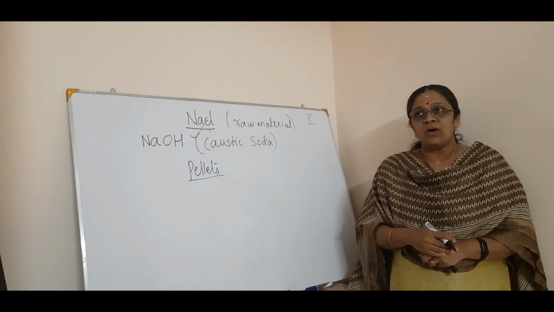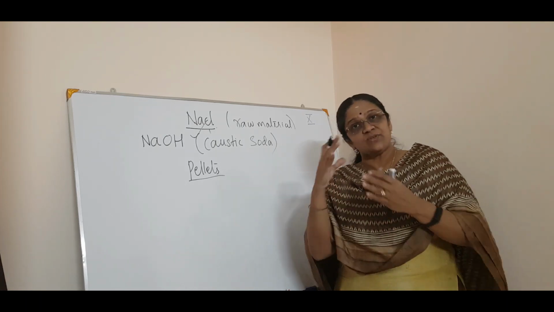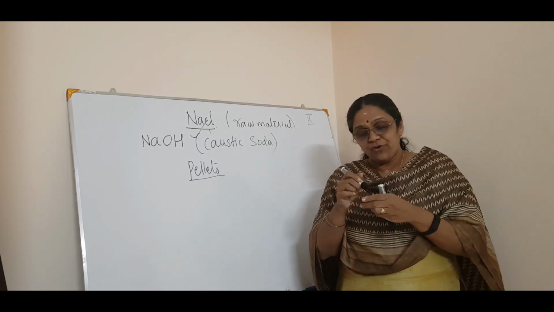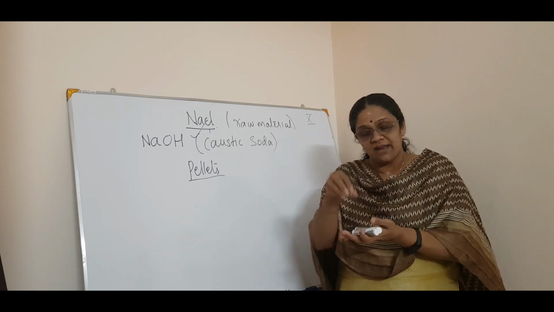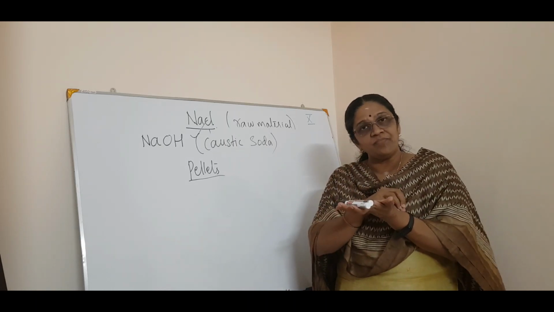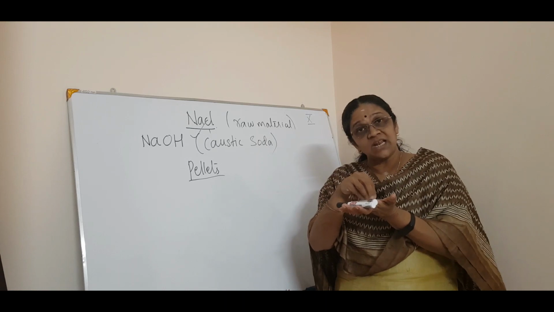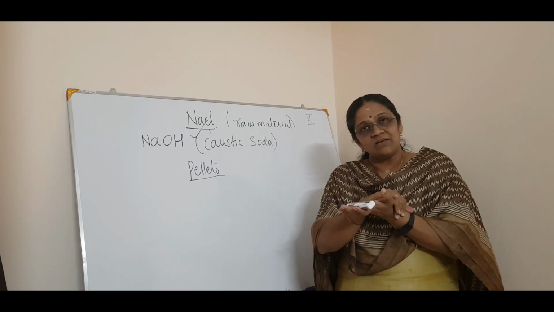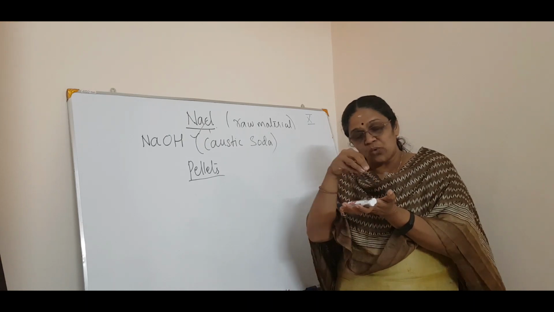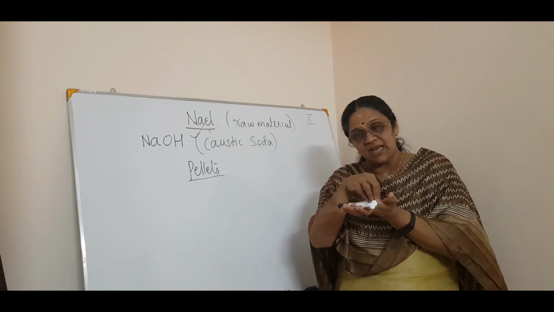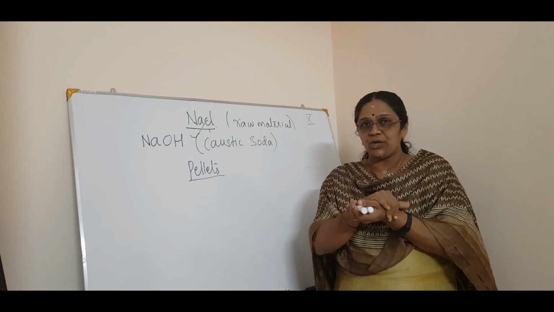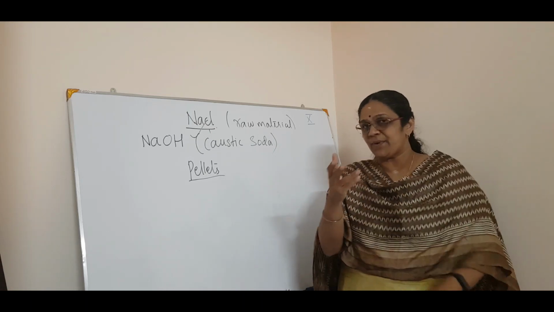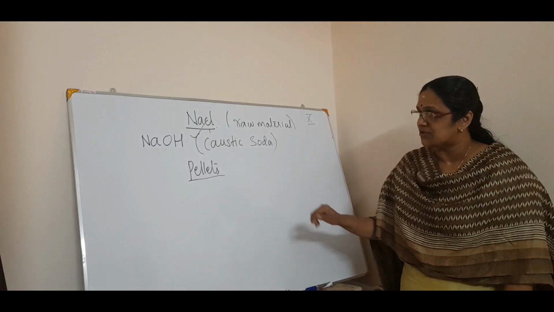Now, if you talk about the nature of sodium hydroxide, if you keep it in the atmosphere for a while, it will become liquid. The sodium hydroxide pellet will turn into liquid. So that's the peculiarity of sodium hydroxide.